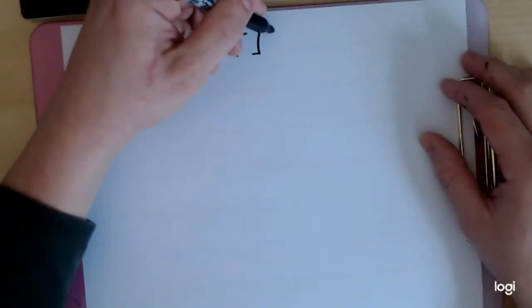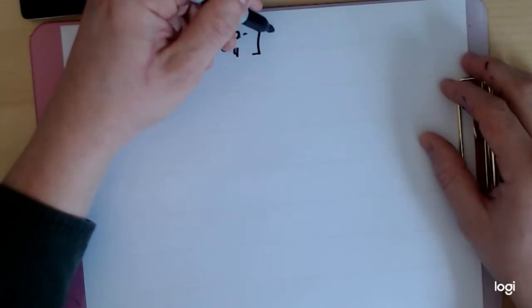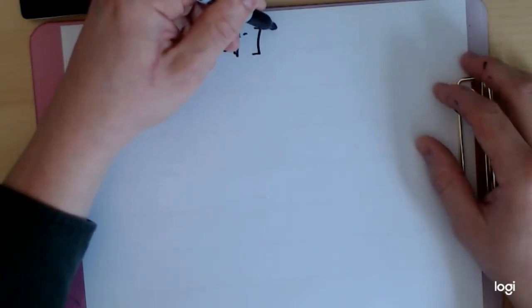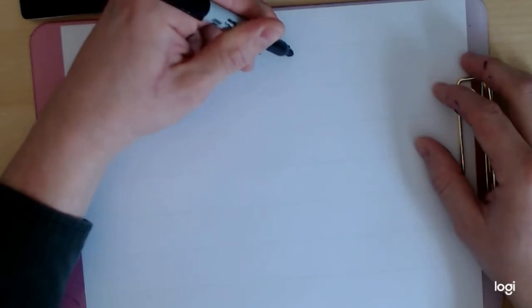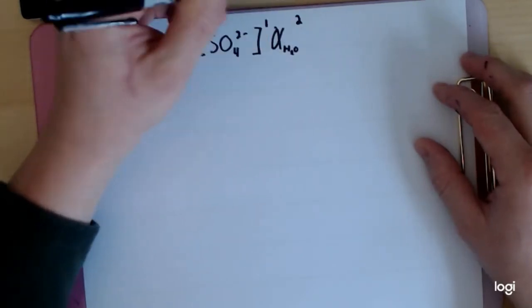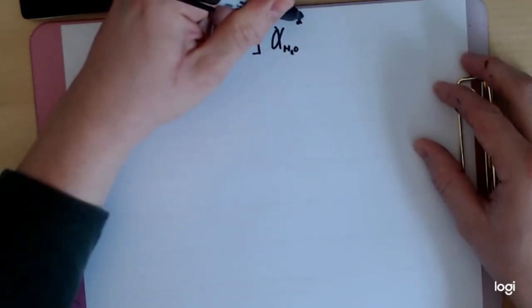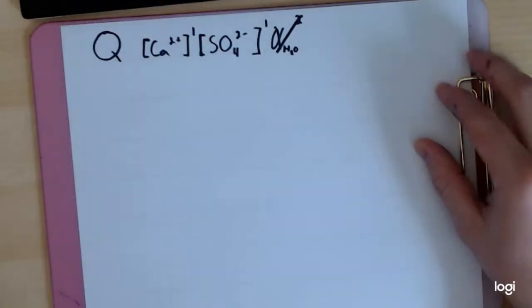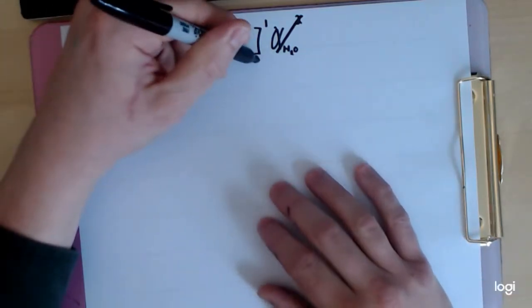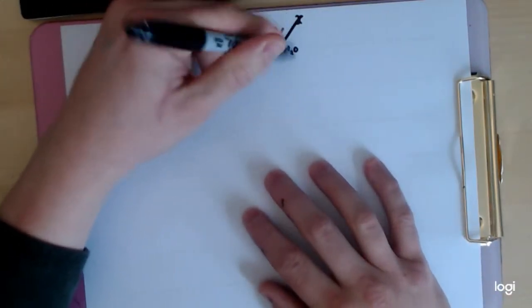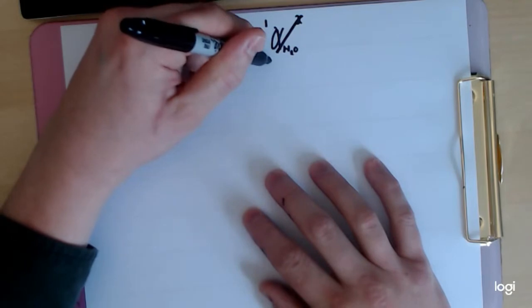And then there are also 2 waters produced, so we need to have the activity of water raised to the square. But of course, the activity of water is 1. Activity of any solutes or solvents, any liquids, is 1, so we just cancel that out. We don't have to worry about water.